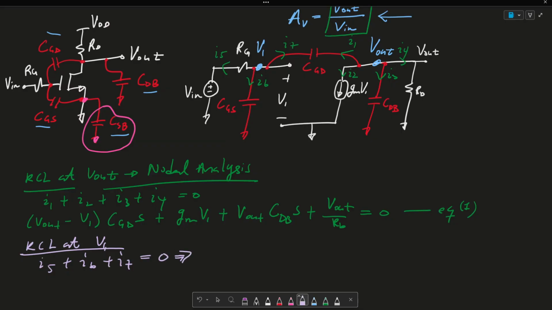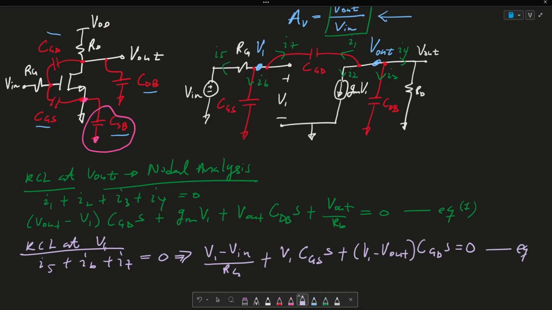Essentially, I5 is V1 minus Vin over Rg, plus I6, which is V1 times CGS times S, plus I7, which is V1 minus Vout times CGD S, have to equate to 0.